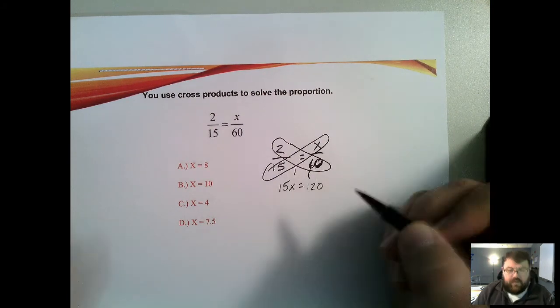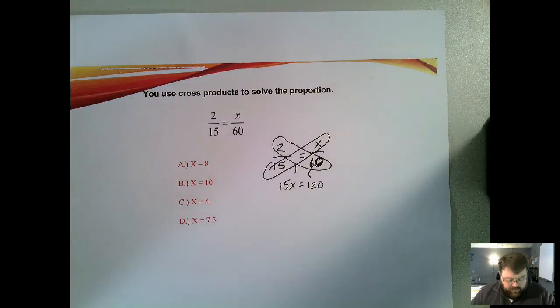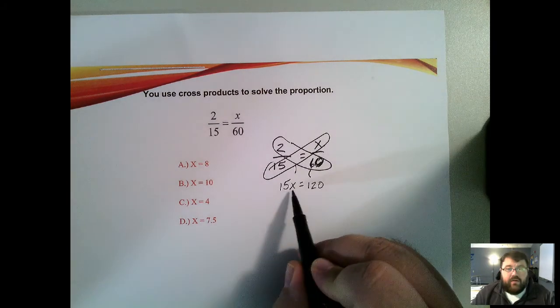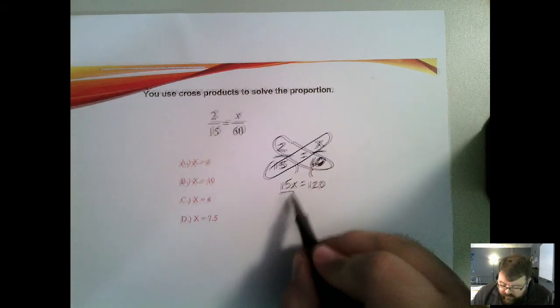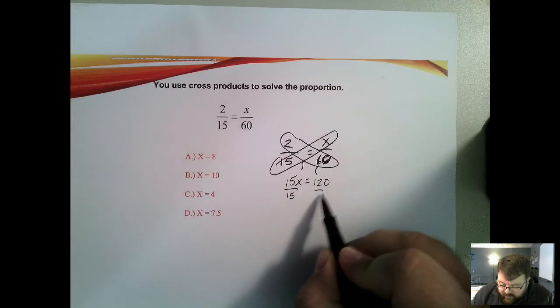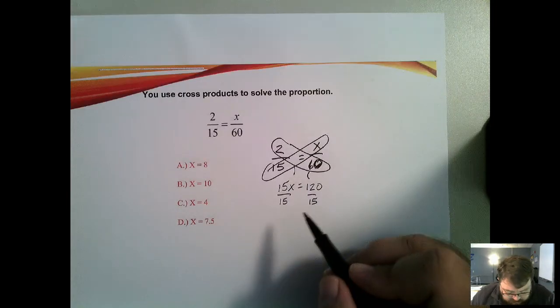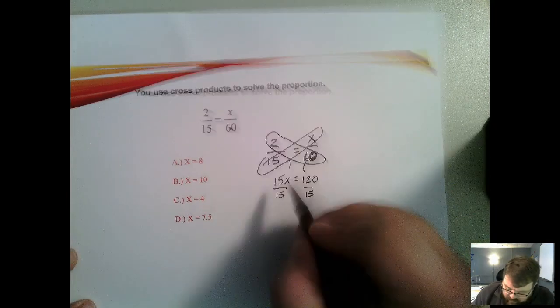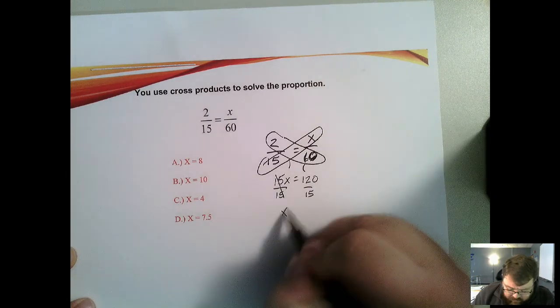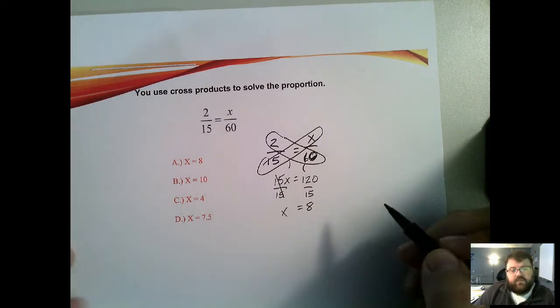Bring down the equal sign. Remember that your goal is to get x by itself, so I'm going to divide both sides by 15. The 15's cancel. X is equal to 8.